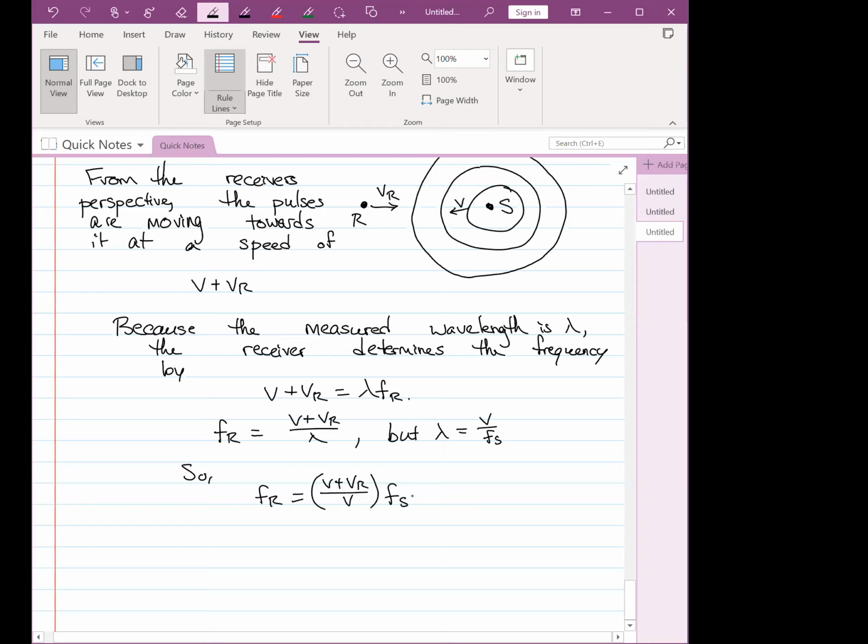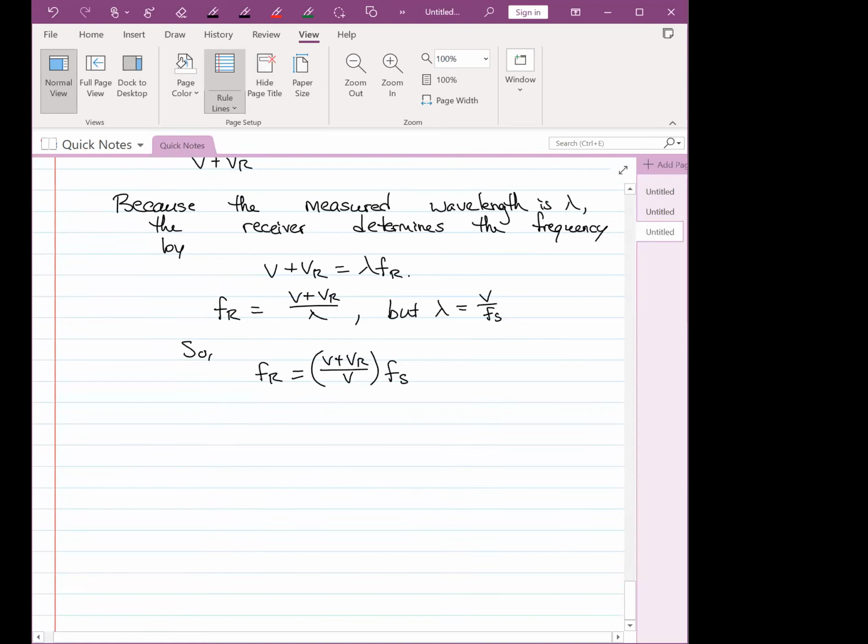And so we can do the same calculation just as before, in this case with the receiver moving away from the source. And we find that the frequency that the receiver observes is v plus or minus v sub r divided by v, times f sub s.